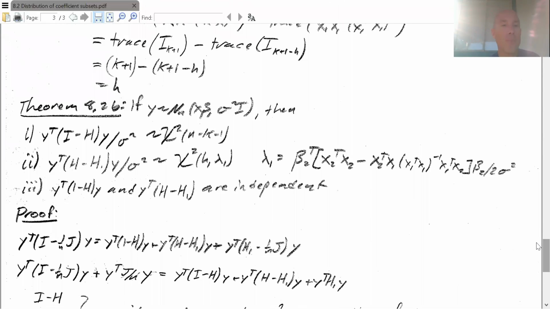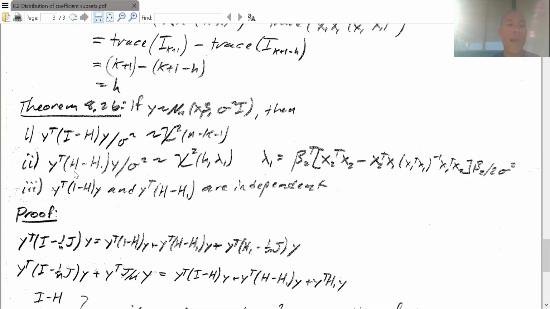All right, so now, if y is multivariate normally distributed with expected value that we are familiar with, x times beta, and we have constant variance and independence between observations, so our covariance matrix is sigma squared times I, then we get three things happening. First and foremost, this quadratic form of y transpose (I minus h) y divided by sigma squared is going to be chi-squared distributed with n minus k minus 1 degrees of freedom.